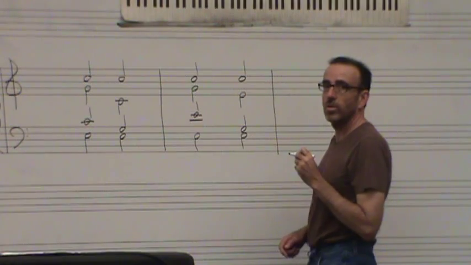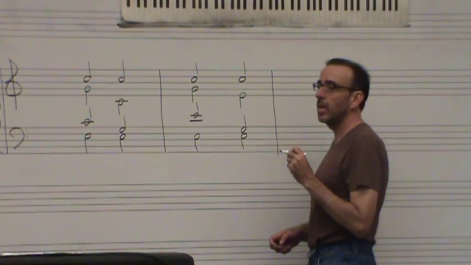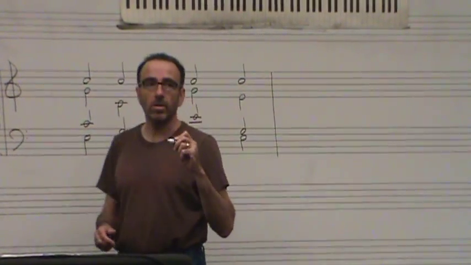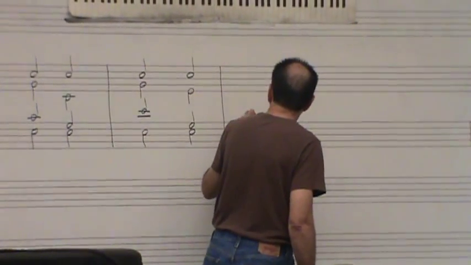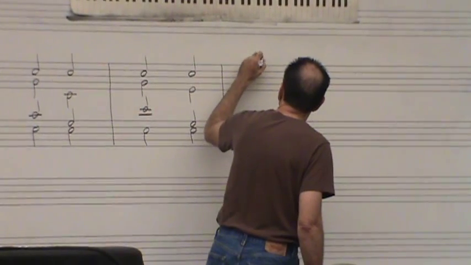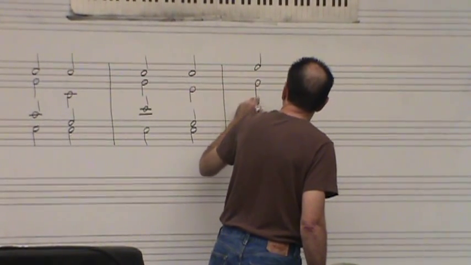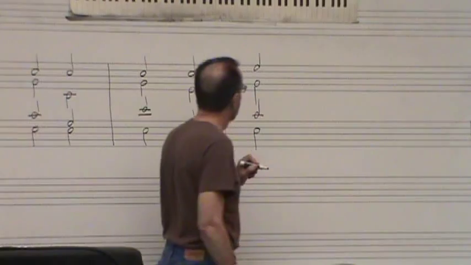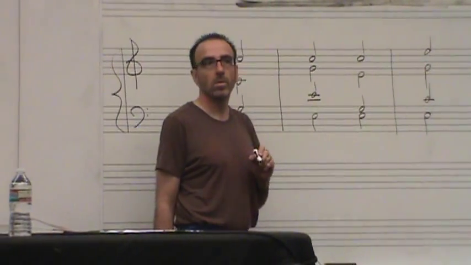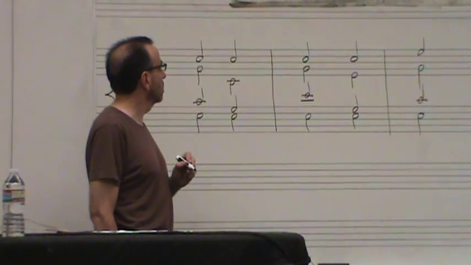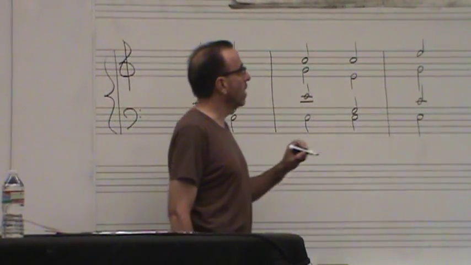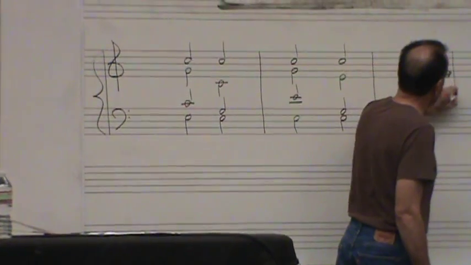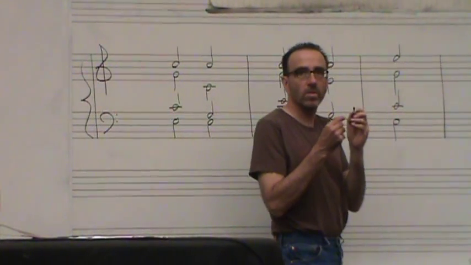Then your next choice is to double the bass with the soprano. So again, you've got a third of the chord down here, and you could put voices this way. And finally, your last choice is to double the inner voices on the same note.